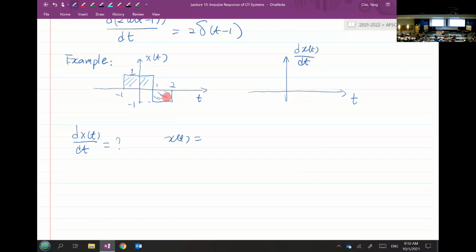Any idea? Let's say I focus on the middle box here, the -1 to 1 box with a duration of 2. What would be the function? It's a cookie cutter concept.